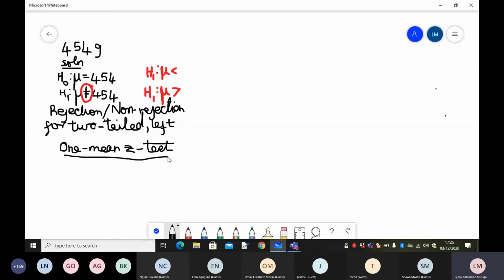Now, our test statistic Z is X bar minus mu over sigma over square root of n.